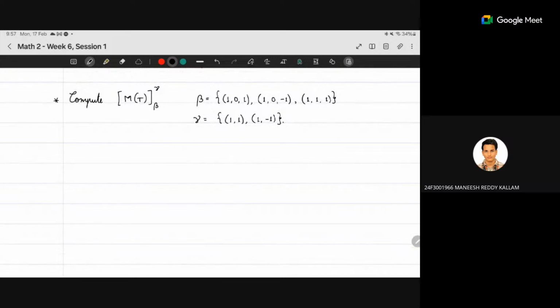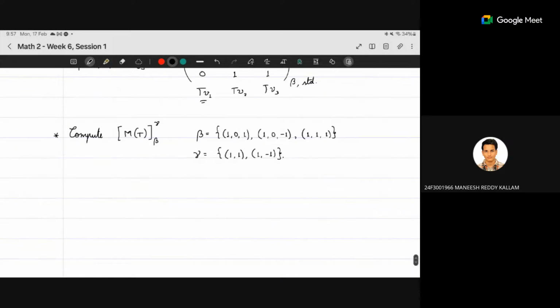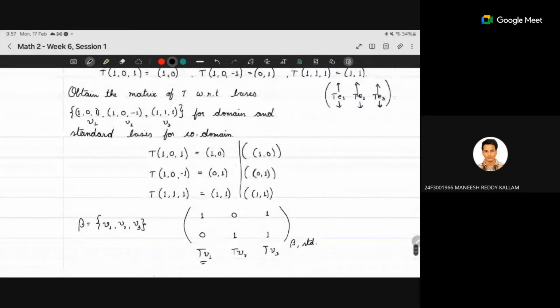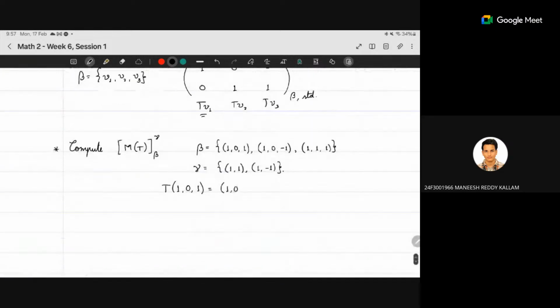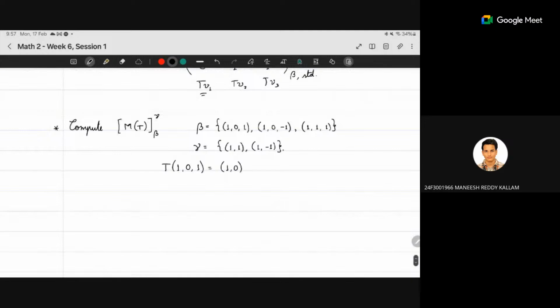Okay. Now, in order to compute the matrix of the transformation, what do I need to do? I need to take the basis of the domain, which is beta, and compute T of (1, 0, 1). And that I don't need to compute; it is given to me as (1, 0). But I need to get the coordinates in terms of gamma.